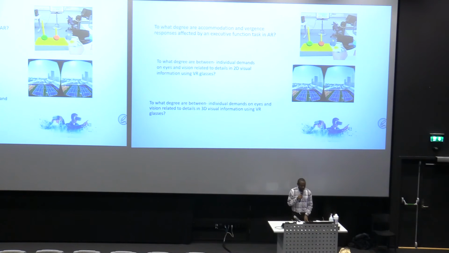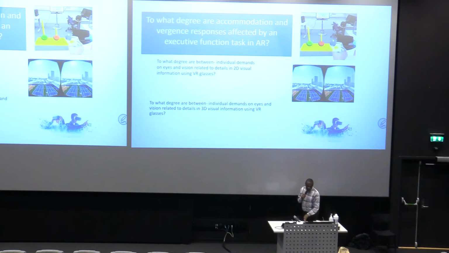The first picture on the left is an example of the executive task that we implemented. We have so far tried to look at to what degree accommodation and divergence, which is basically making an object clear and bringing our eyes together, affect executive function in augmented reality.